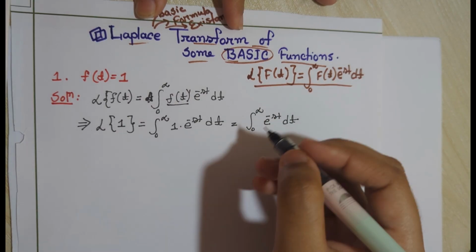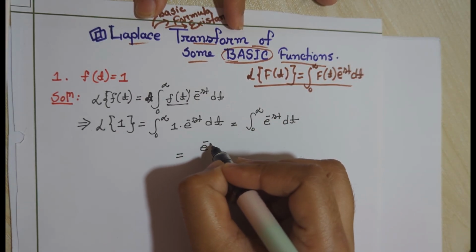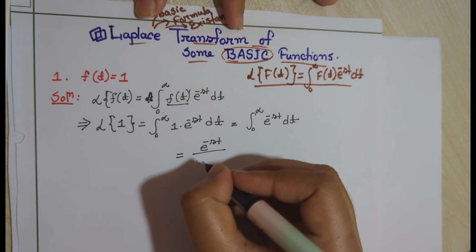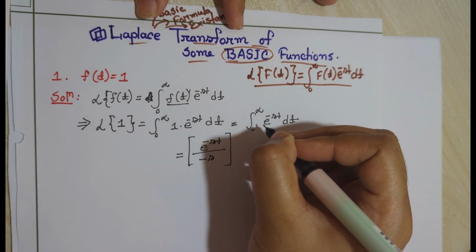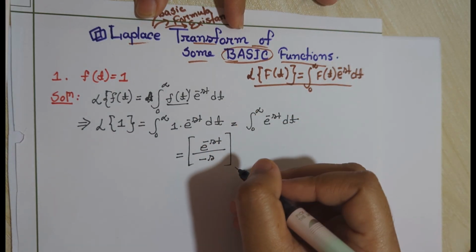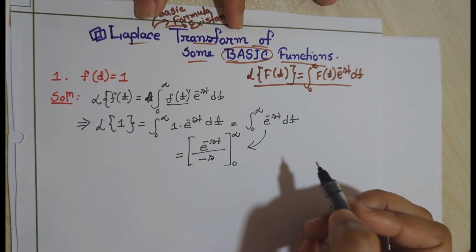Now from the integration we can write e to the power minus st divided by minus s, and as it is from 0 to infinity, the limit is 0 to infinity. This is from our basic integration formula.